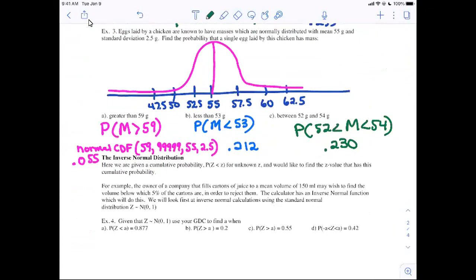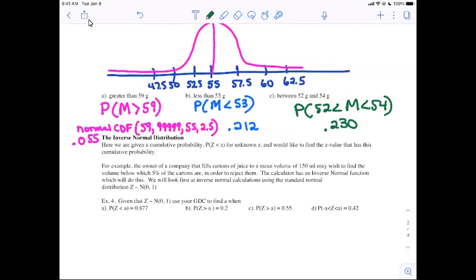What if I don't know the lowercase z value, but I know the probability that I want? Well, there is something called the inverse normal distribution. Here's an example. Suppose the owner of a company that fills cartons of juice to a mean volume of 150 milliliters may wish to find the volume below which 5% of the cartons are, in order to reject them.